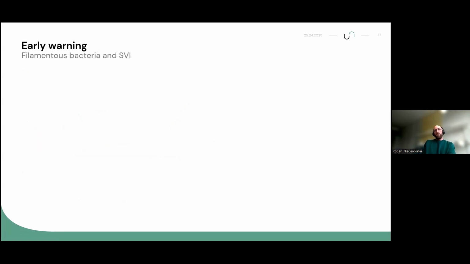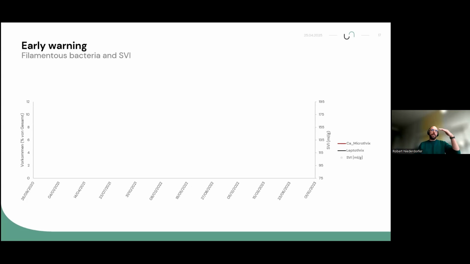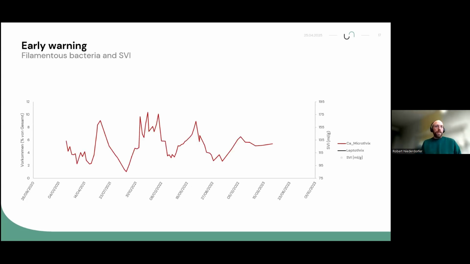Here, I show you the filamentous bacteria and the sludge volume index. Sludge volume index is basically an idea of how fast the sludge settles. Here, we have a certain bacterium called Candidatus Microthrix. This is one of the strongest bacteria that cause sludge bulking, together with another bacterium called Leptothrix.